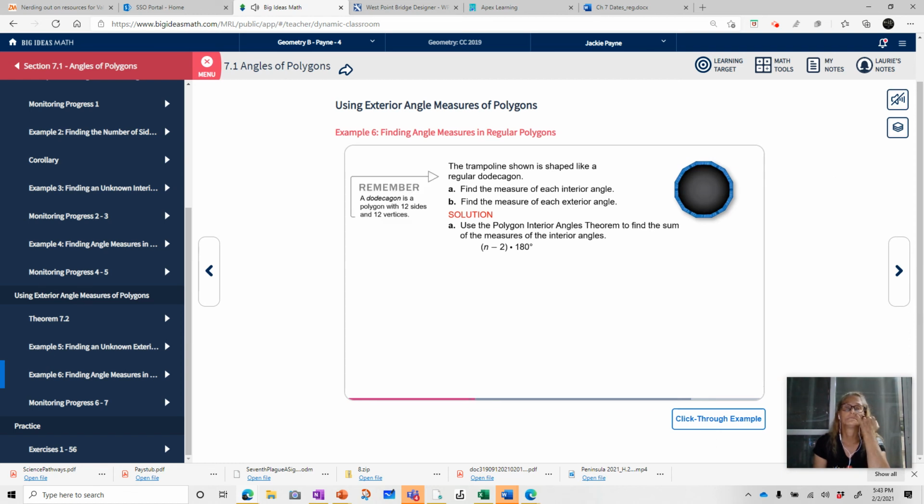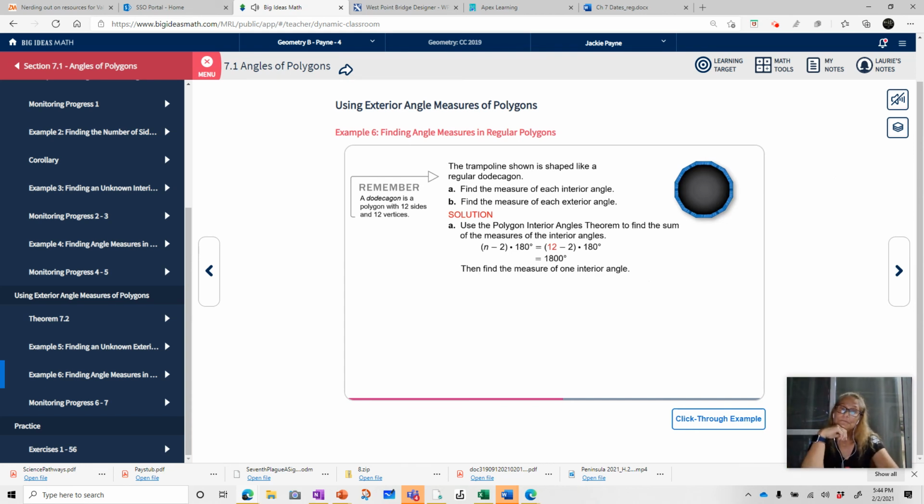Remember that a dodecagon is a polygon with 12 sides and 12 vertices. Because the polygon has 12 sides, substitute 12 for n. Now, 12 minus 2 is 10, and 10 times 180 degrees equals 1,800 degrees. So, the sum of the measures of the interior angles is 1,800 degrees.